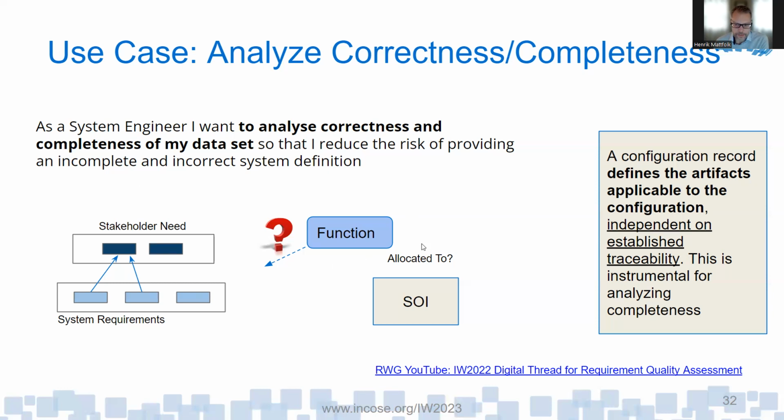So this is where configuration and configuration items can really help you, because they define the artifacts that are applicable to the configuration independent of established traceability. It's a bit of a pre-step.